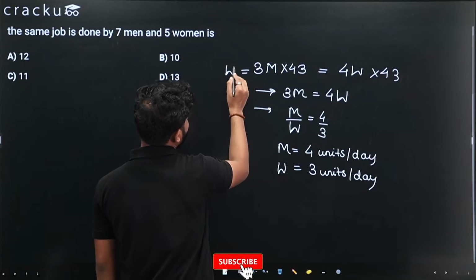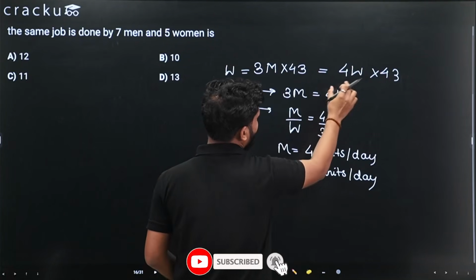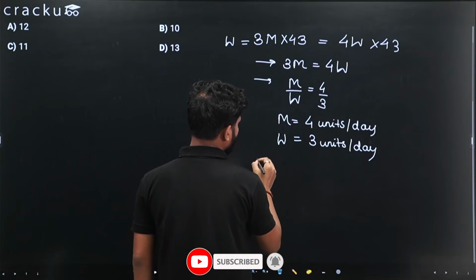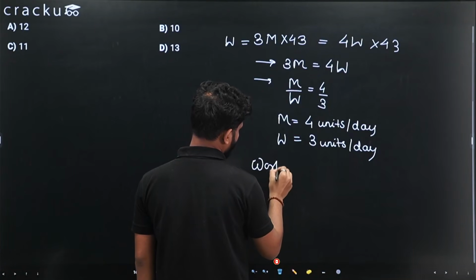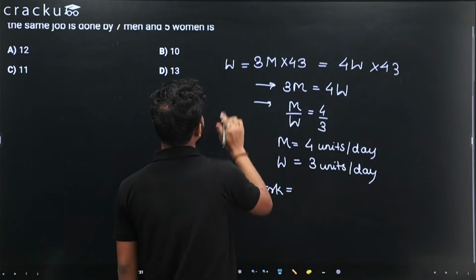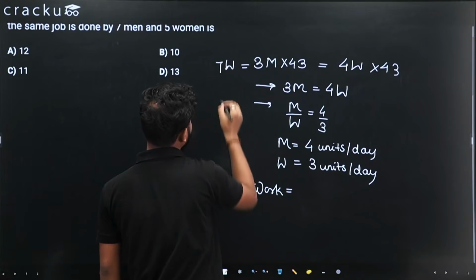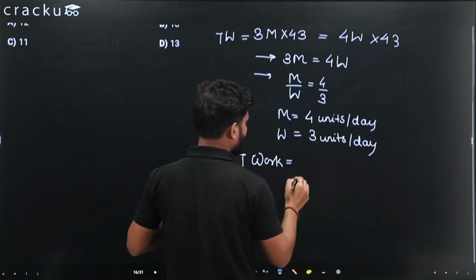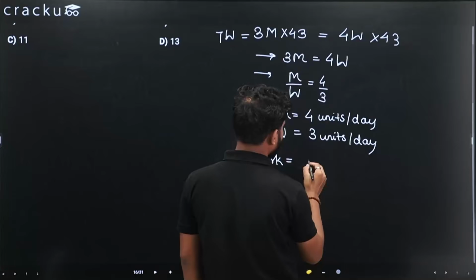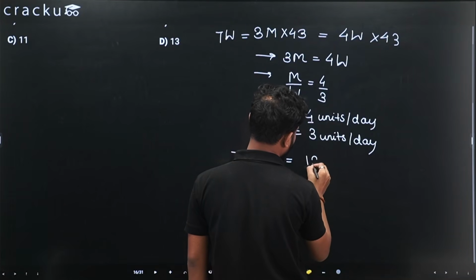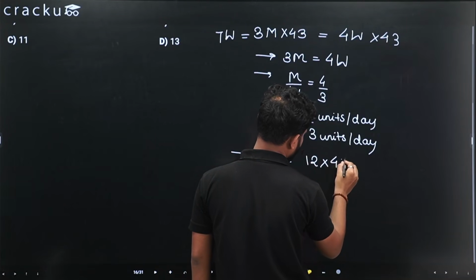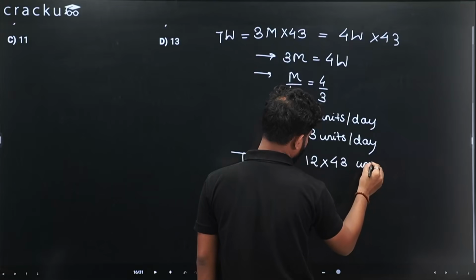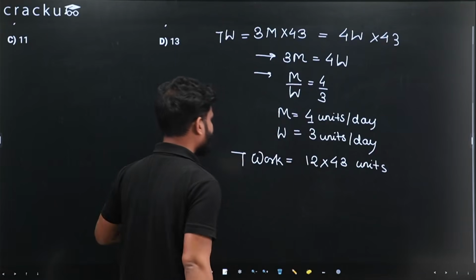Total work is either 3M into 43 or 4W into 43. So total work is, let us say 3M into 43. So 3 into 4, 12, into 43 units. This is the total work, correct?